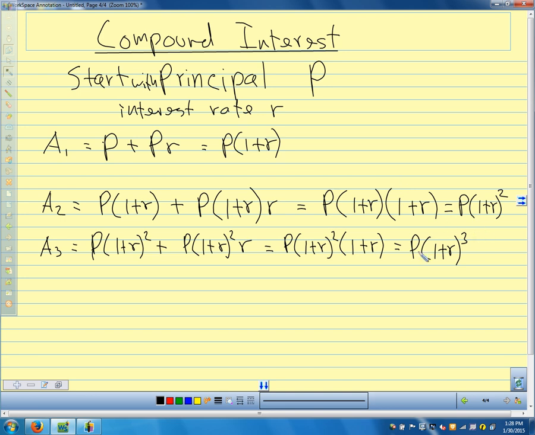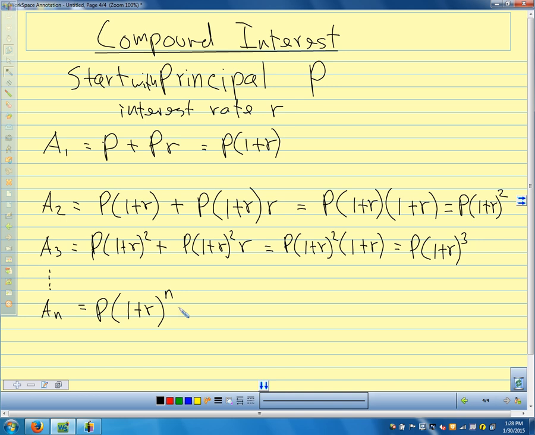And looking at this pattern, what's going to happen after n years? How much are we going to have? P times 1 plus R to the n power. So our compound interest is an exponential function. This is how we develop the formula, and why it ends up turning out to be an exponential function.